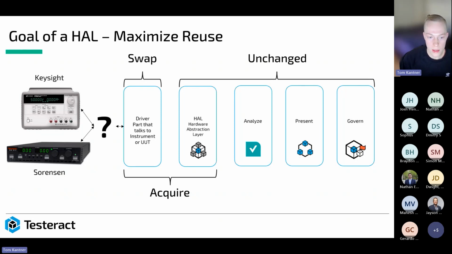And as we can see in this picture, the acquire part is the only thing that's going to change, but the rest of the stack really doesn't need to change. And that's the power of a good hardware abstraction layer. It should be model independent, where the model that you're using doesn't really matter, and you can swap the instruments in and out without changing your interface to the rest of the software stack.